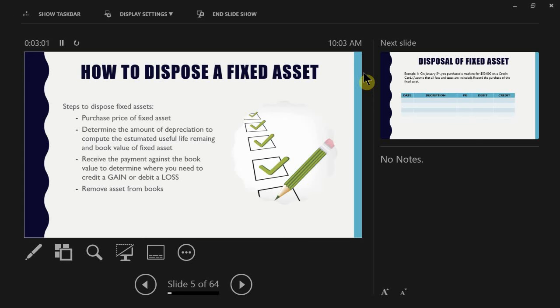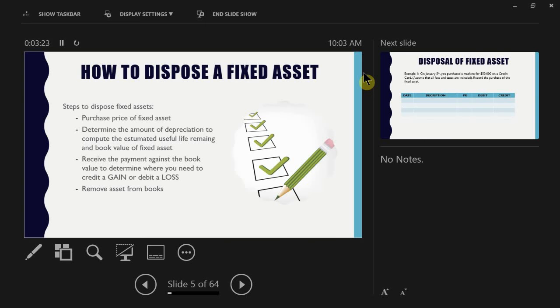That also includes everything that it took for you to get it ready for service. So make sure that the actual cost of the fixed asset is everything that you paid, including maintenance fees, installation fees, sales tax, everything is going to be included.